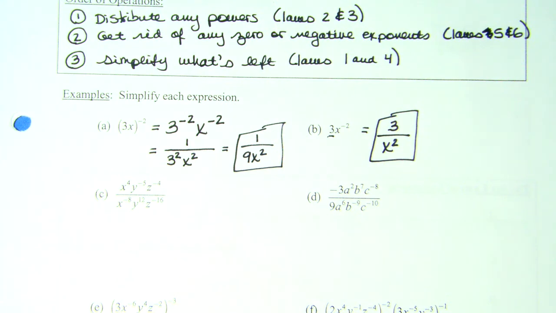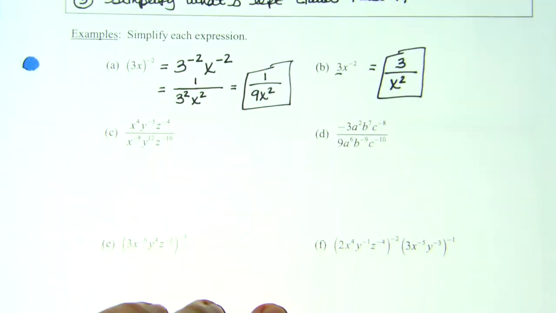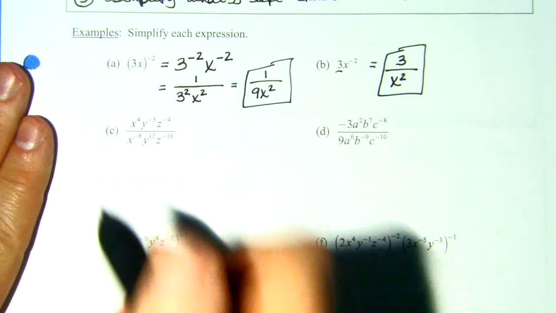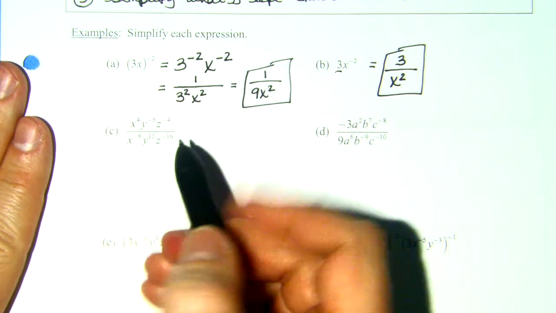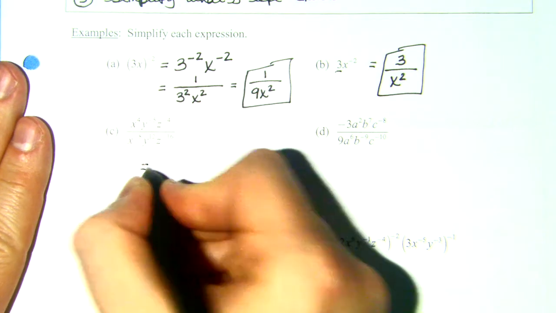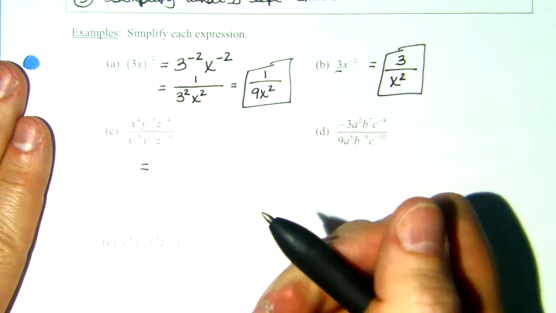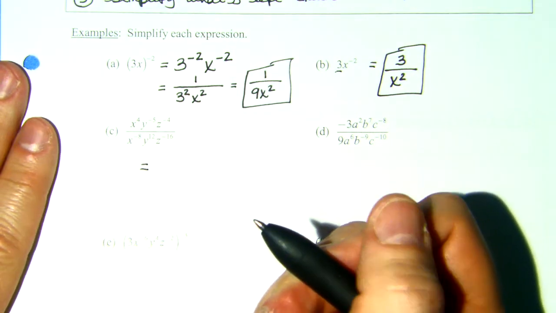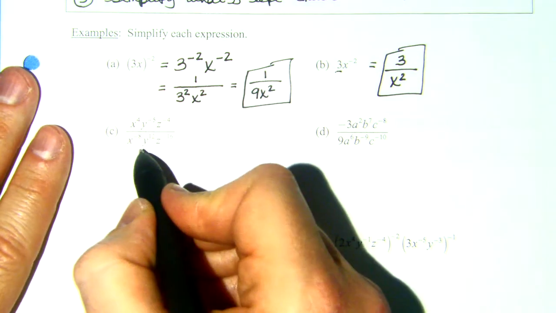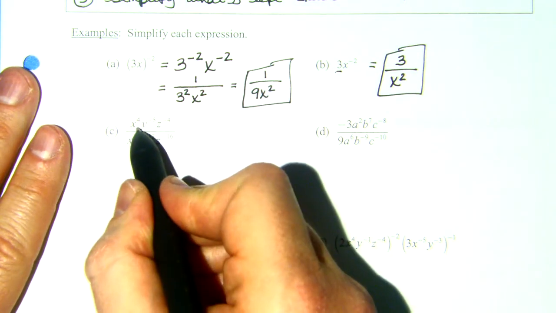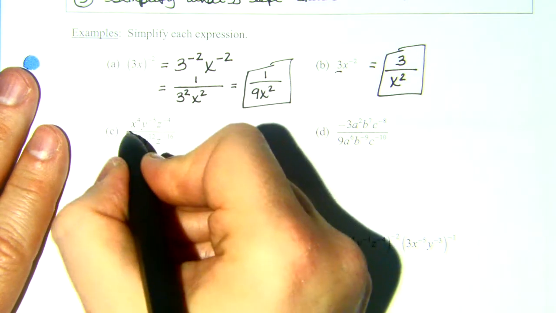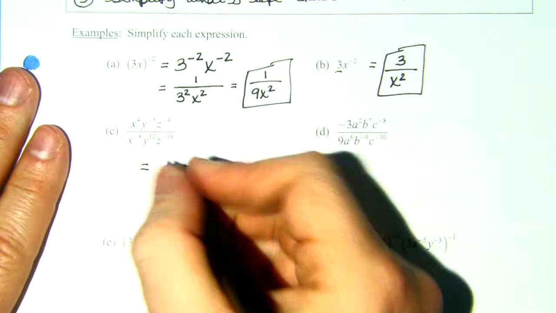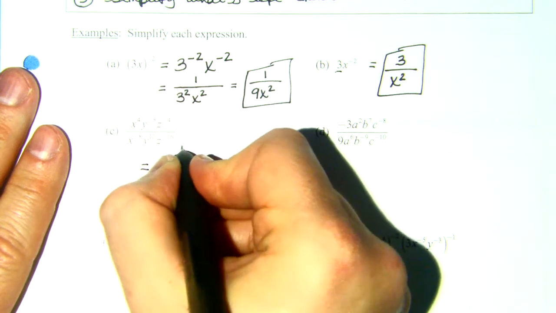In letter C, there is nothing to distribute. But before I start using my division rule that says subtract the exponents, I want to get rid of any negative exponents. So really, all I'm going to do is go piece by piece and decide if I should keep it where it is or move it to the other part of my fraction. The x to the fourth has a positive power, so I'm going to keep it where it was, up top.